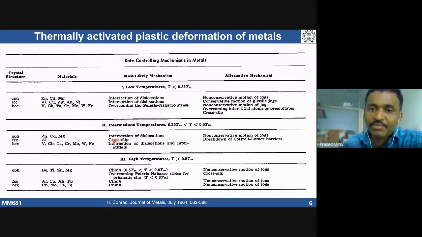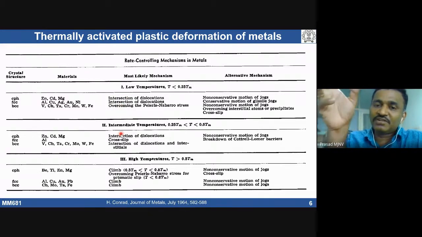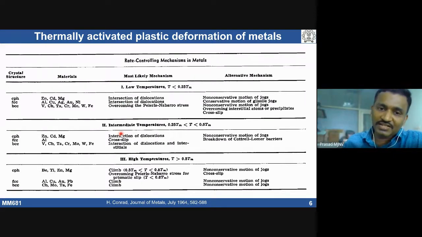If we go to intermediate temperature, the rate controlling mechanism is cross slip. If we go to high temperature, climb is the rate controlling mechanism.